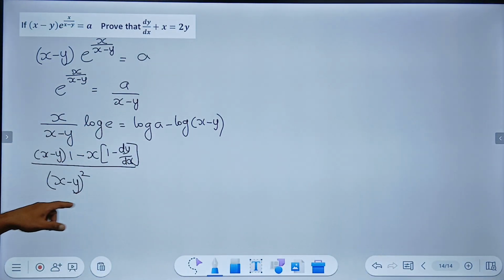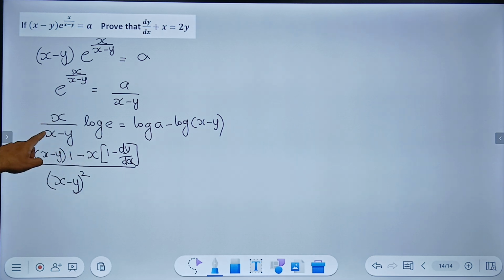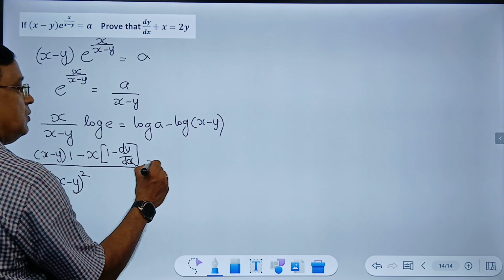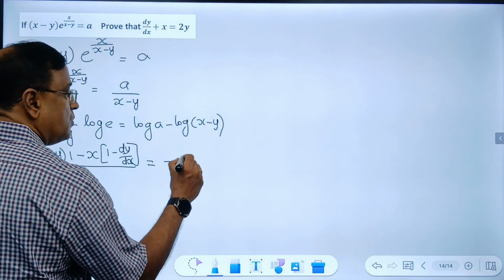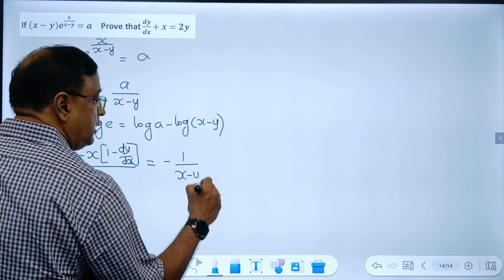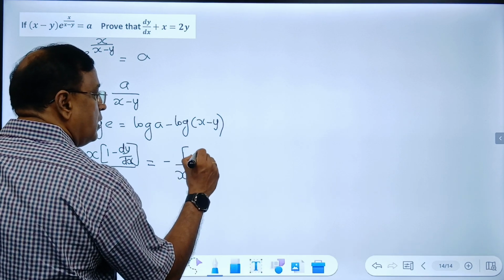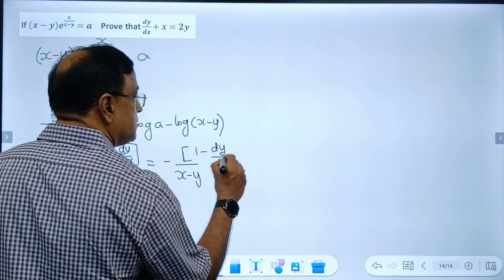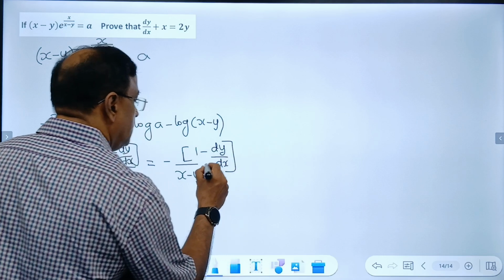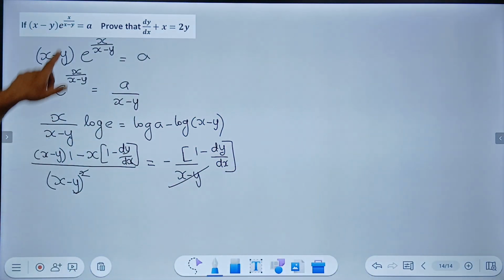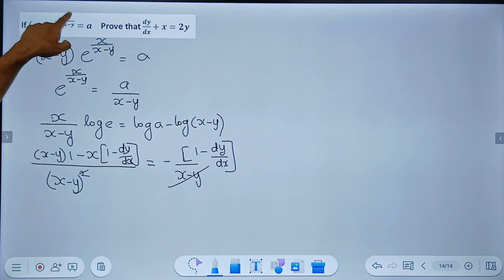I just use quotient rule, x minus y the whole square, x minus y, differentiation of x is 1, minus x into differentiation of x is 1, y is dy by dx. Log a differentiation is 0, so minus 1 by x minus y into 1 minus dy by dx. Simple. They can cancel. x cannot be y, otherwise it becomes e power infinity.